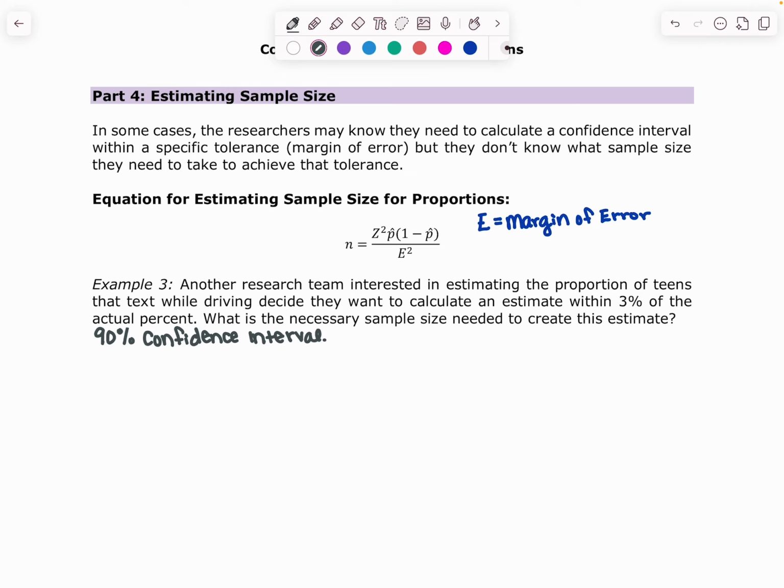So what we can do is use 0.5 when we are calculating the sample size if it's not otherwise stated.